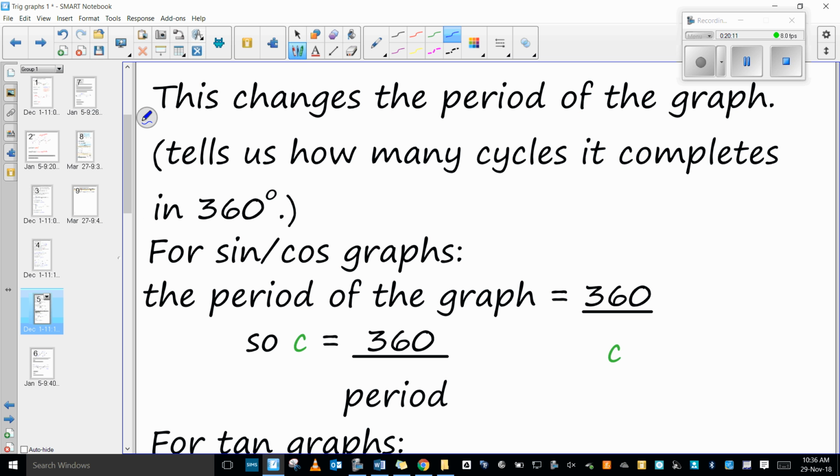So if we had 3x, so if it was sine 3x, then our original graph period would be 360, our new period would be 120, because that's 360 divided by 3. And that means it's happening faster. Does that make sense?